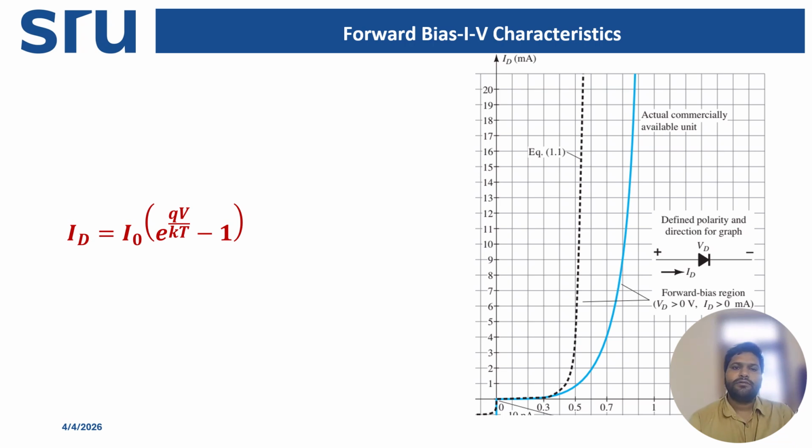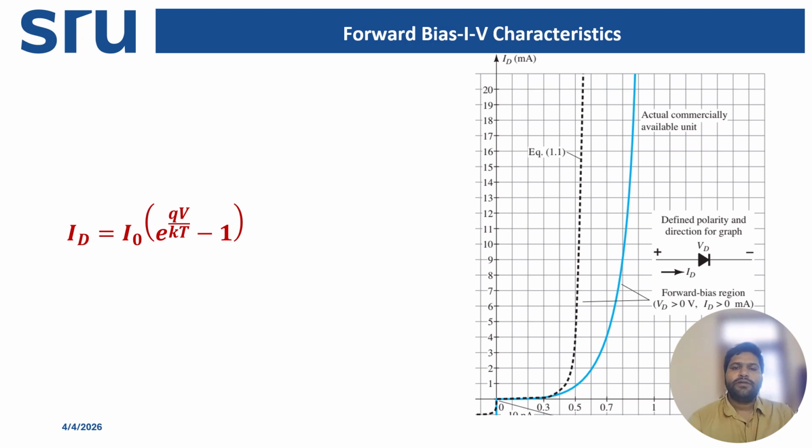So what are the observations? A forward biased diode acts like a closed switch. After the threshold voltage, it has very low resistance in the conducting region. However, if the current becomes too high, the diode may overheat. This is why resistors are used in series to limit the current.